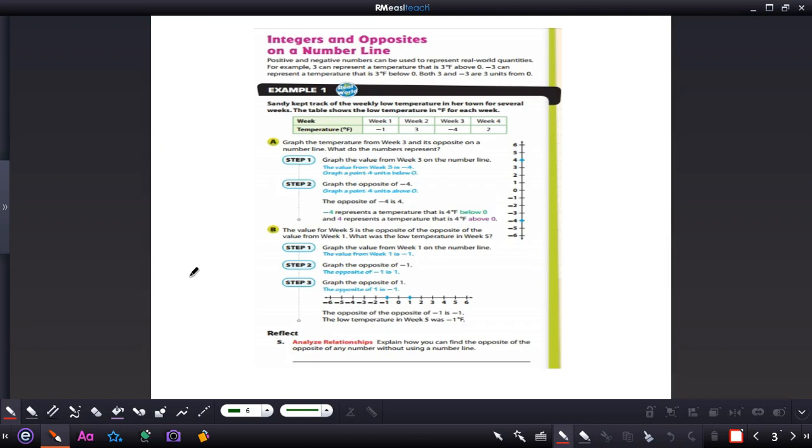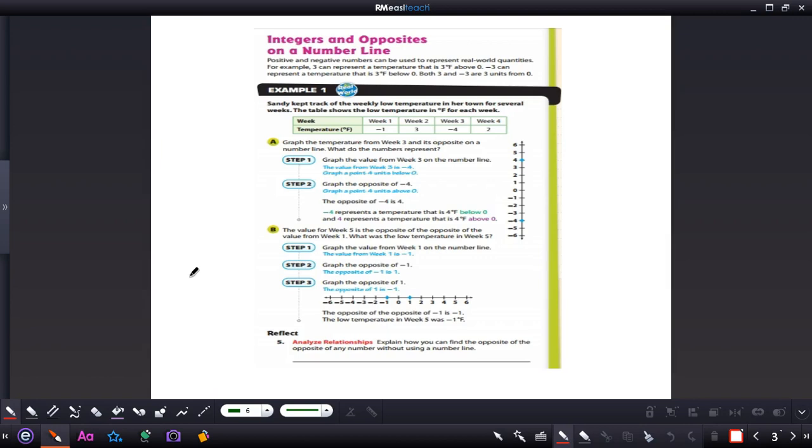If we take a look at this example, we see Sandy kept track of the weekly low temperature in her town for several weeks. The table shows the low temperature in Fahrenheit for each week. So section A, graph the temperature from week 3 and its opposite on the number line. What do the numbers represent? So step 1, graph the value from week 3 on the number line.